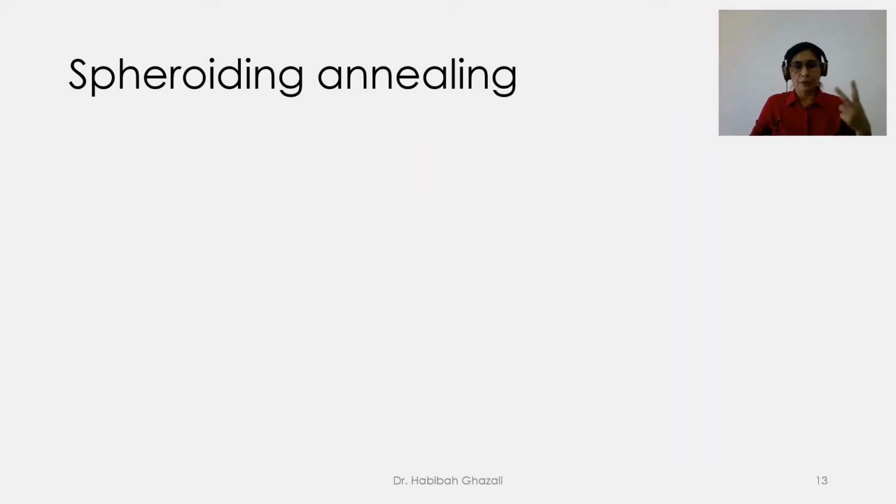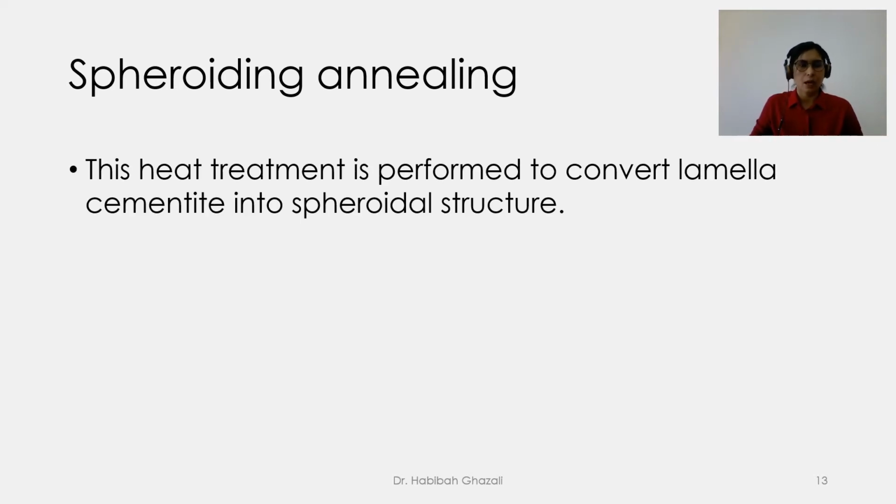So apart from the first two annealing processes, which are full annealing and process annealing, we also have another type of annealing process that we call spheroidizing annealing. This heat treatment is performed to convert lamella cementite into a spheroidized structure.